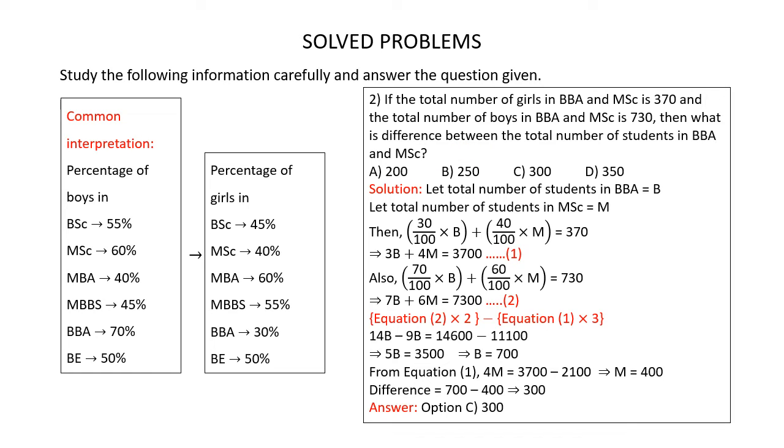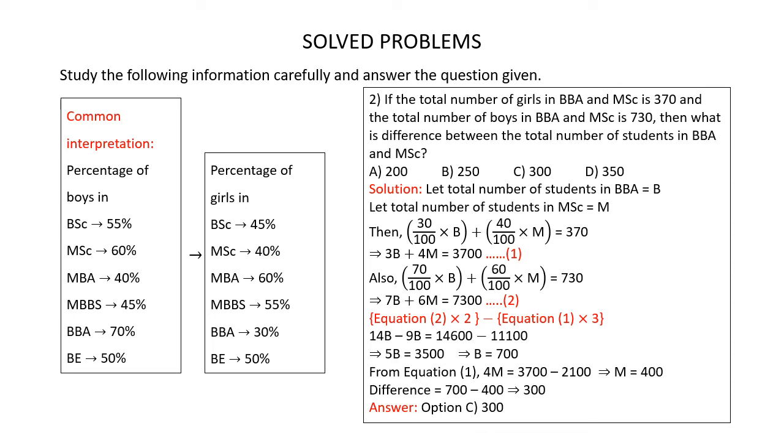So let's assume that the total number of students in BBA is B and total number of students in MSc is M. From the information in this common interpretation, we know that the percentage of girls in BBA is 30% and percentage of girls in MSc is 40%.